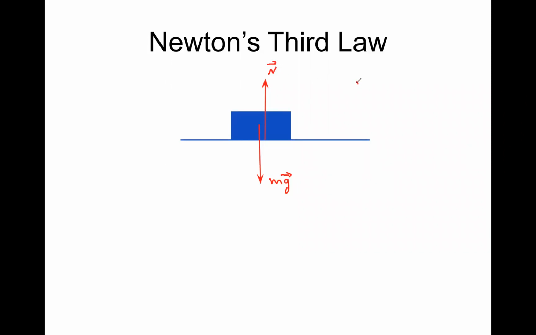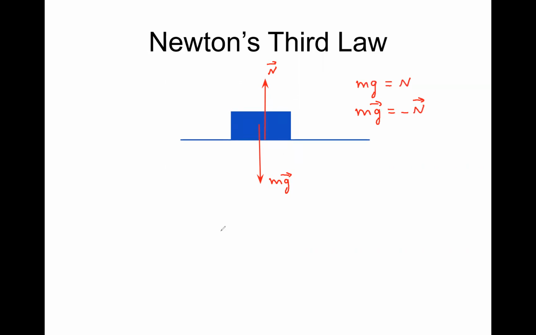Here we can say as magnitude, the action equals the reaction. But as direction, mg is opposite to n. You can get this result by applying Newton's second law, because in this case we don't have motion.